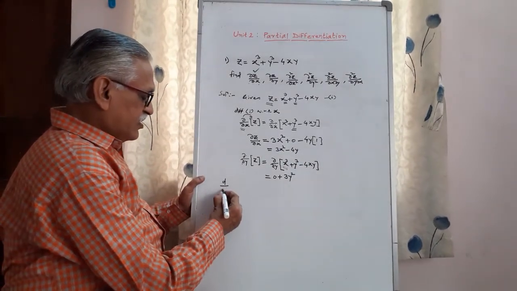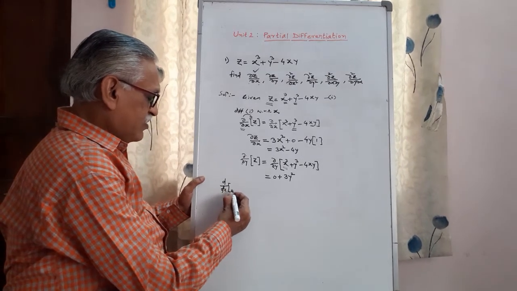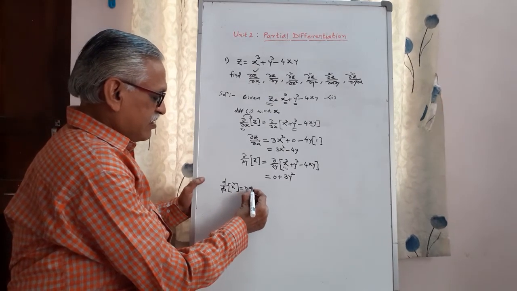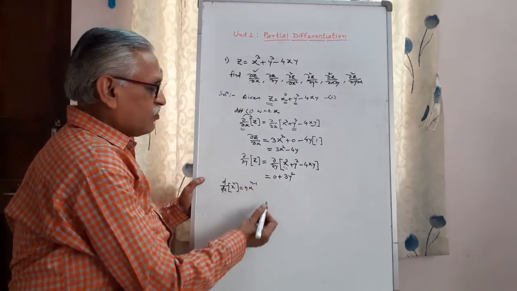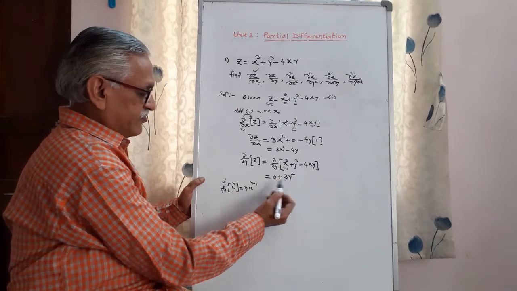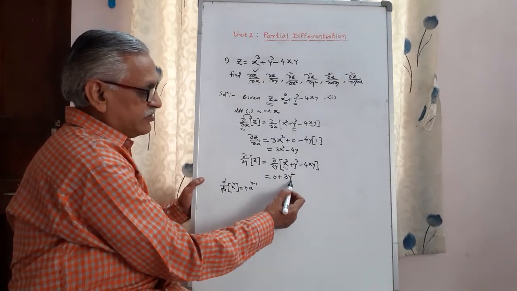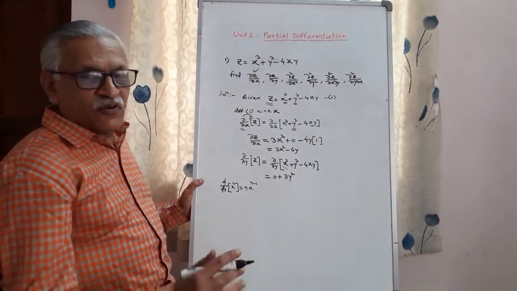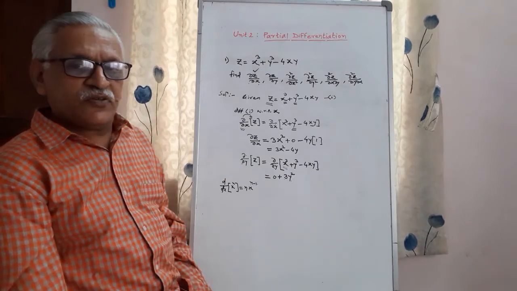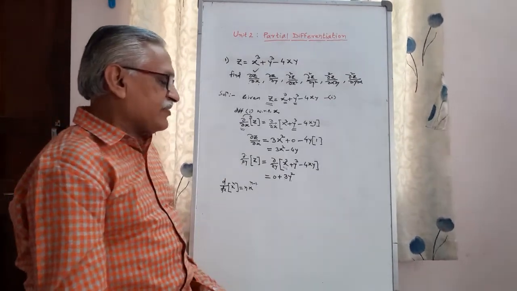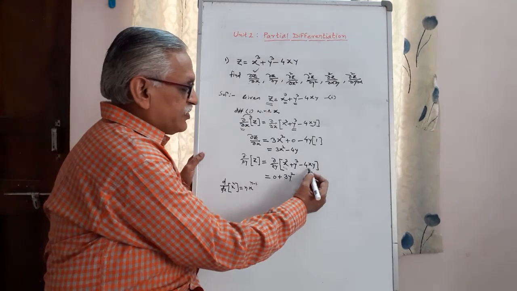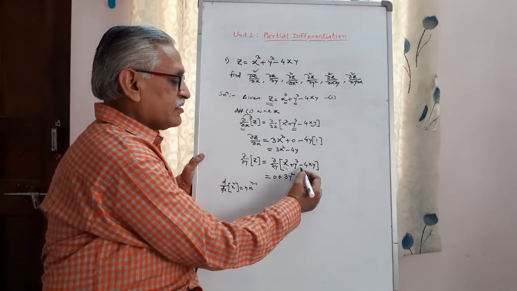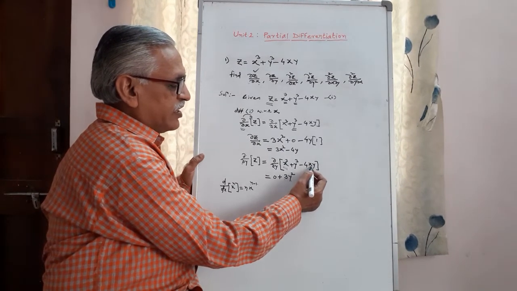I am using this result, d by dx of x raised to n is n x raised to n minus 1. What is n here? n is 3, x means here y, and raised to n minus 1, 3 minus 1, we get 2. Therefore, all those standard results of derivatives are applicable as they are. Then differentiate this third term with respect to y, keeping this x as constant.